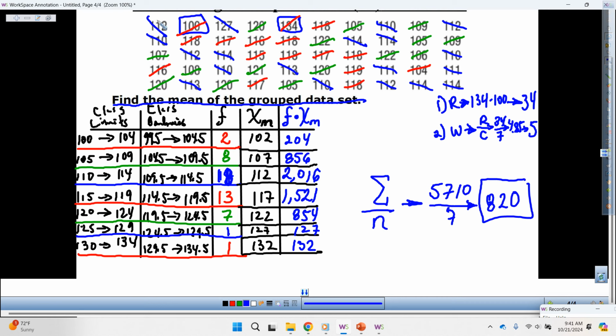Because if I was to get to a problem that has 100 data, am I going to ask you to add all 100 numbers and then divide by 100? No. I want you to create a grouped distribution, and then from there, when you multiply the frequency times the midpoint, then you find your mean.